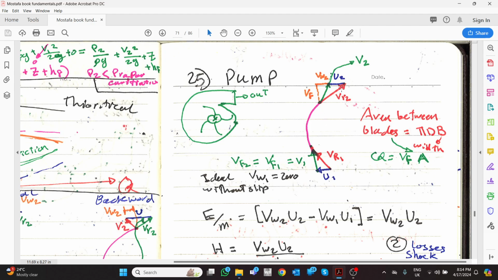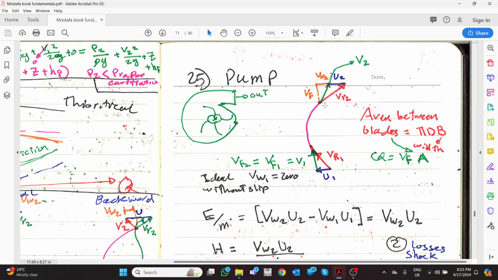So this is vr plus u in vector basis, of course. So this will be like this and this will be like this, equal to the velocity 2 in the rotation direction, which is this one.